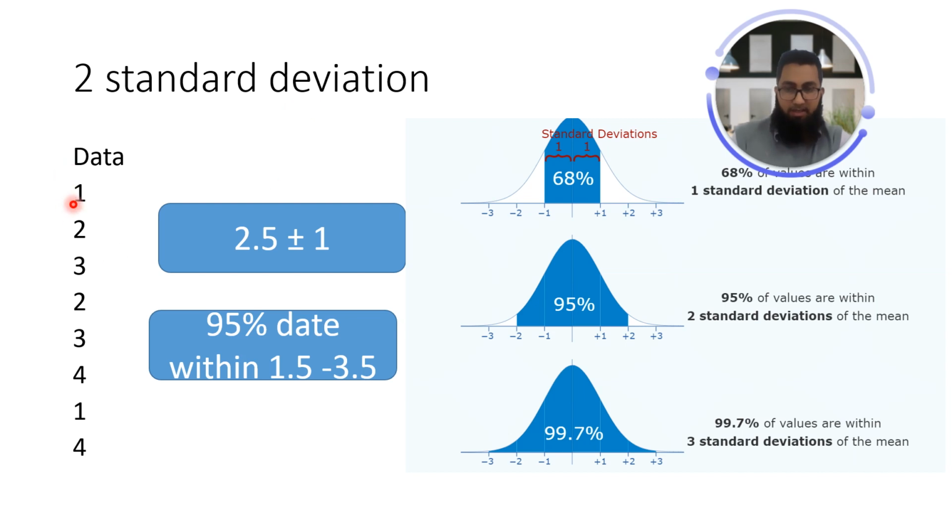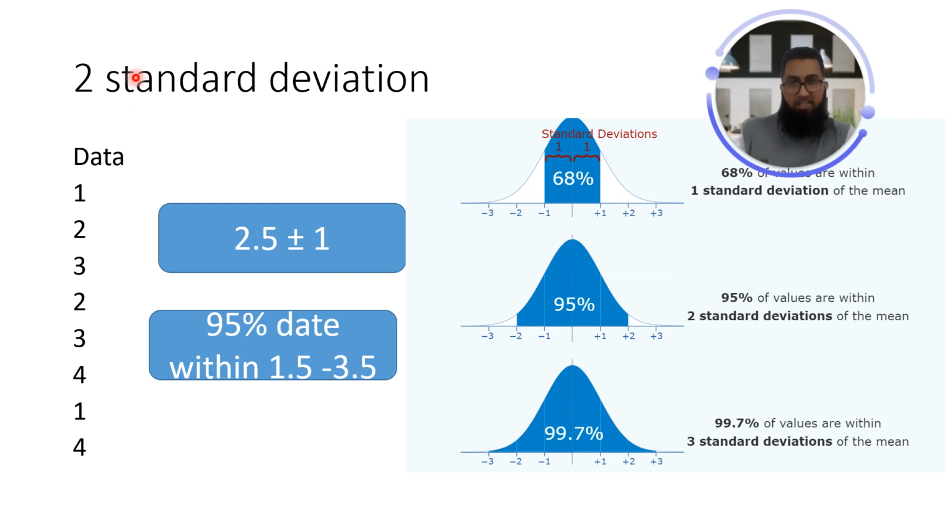Imagine that data was not available to you, and I told you the average is 2.5 and the standard deviation is 1. So you know exactly what the mean is, and you have a very good idea how spread the data is. You know that 95%, almost all the data, is between 1.5 and 3.5. That's very informative.